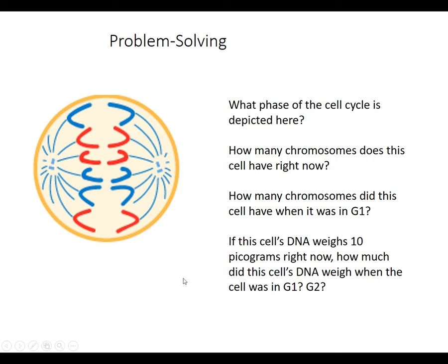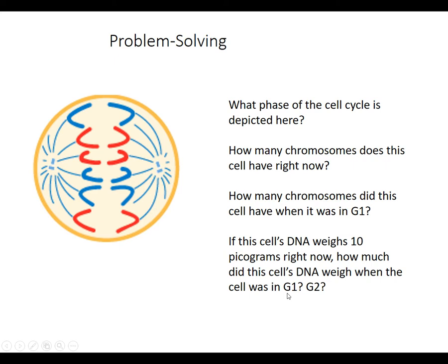If this cell's DNA weighs 10 picograms right now, how much did this cell's DNA weigh when the cell was in G1? If G1 was 6 monads and this is 12 monads in this picture, then you would divide by 2, so 5 picograms for G1. In G2, the chromosomes are replicated, so in G2 it would also be 10 picograms.